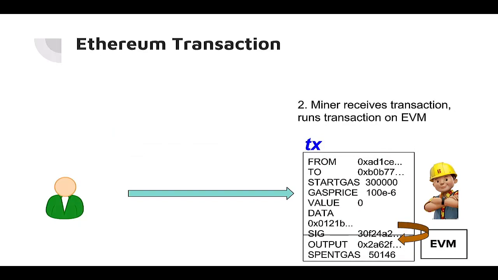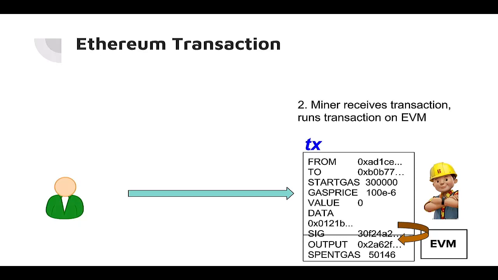Okay. At some point, this transaction is picked up by a miner, say this particular miner. And the miner receives this transaction and says, okay, I want to mine this and earn a reward for mining it. So I'm going to take this input, I'm going to run it in the Ethereum virtual machine using the contract code at this address, if it's a contract account.